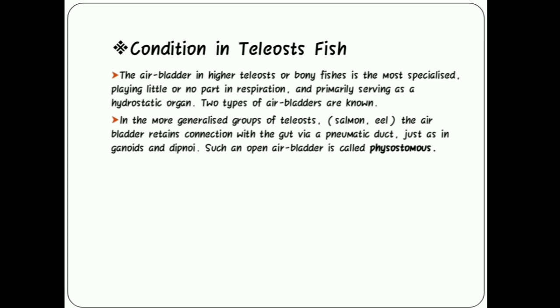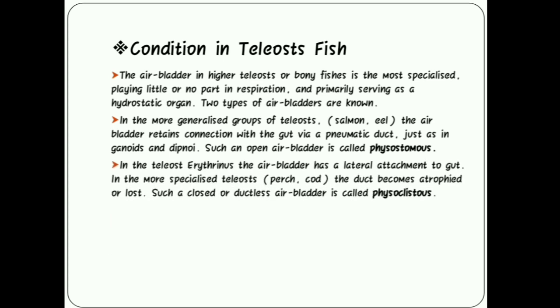Some teleost fish like salmon and eel have a pneumatic duct, like the ganoids and dipnoid fish. The pneumatic duct passes from the air bladder to the esophagus. So this type of air bladder is called a physostomous air bladder.